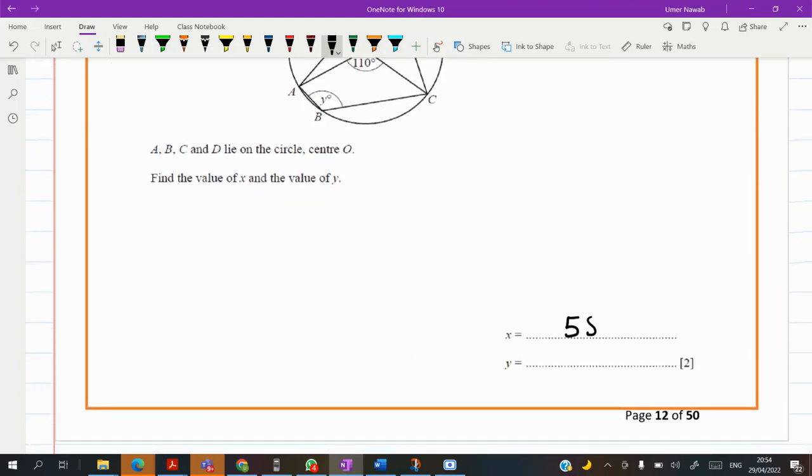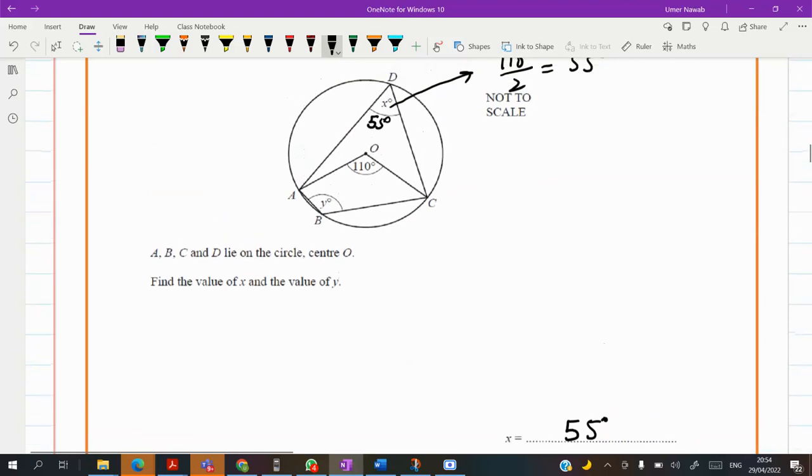The reason behind it is the angle at the circumference is half of the angle at the center, subtended by the same arc AC. Now I want to find y. Guys, can you check? Do you have all four corners of ABCD on the circumference? The answer is yes. So, can I say ABCD is a cyclic quadrilateral?